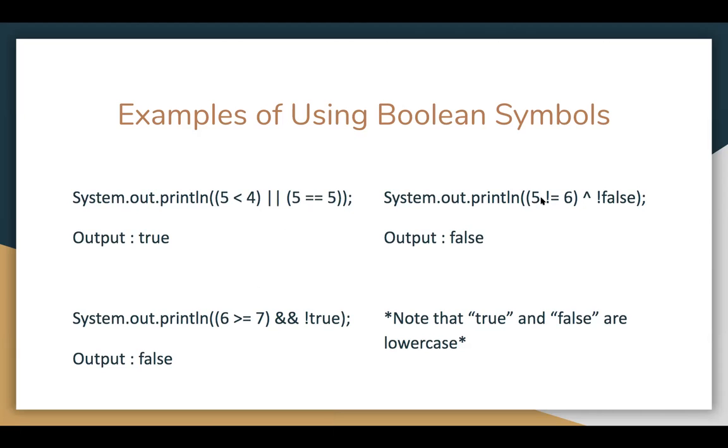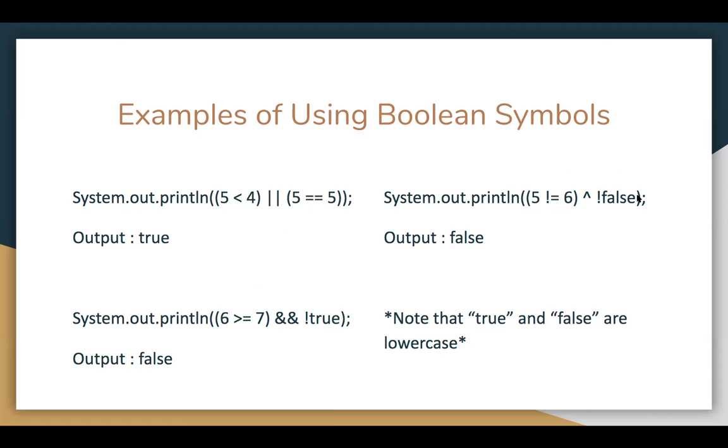Over here, you have 5 is not equal to 6, which is true since they're not equal to each other. And then we have exclamation mark false, which evaluates to true since remember it's the opposite. So this is true and this is also true, which evaluates to false, since remember this has to have exactly 1.